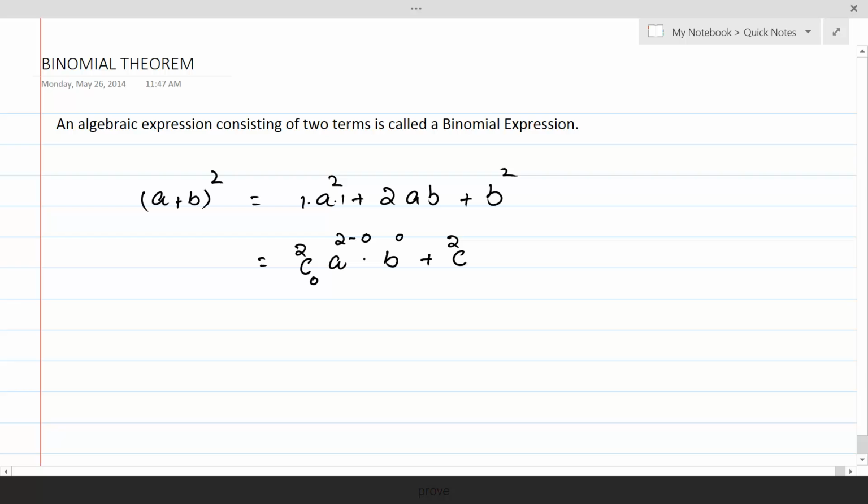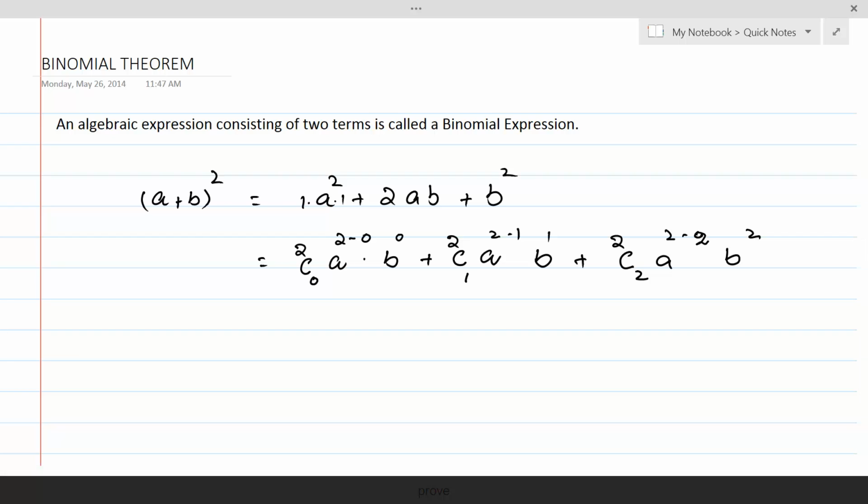Here 2 could be written as 2C1, and then a power 2 minus 1 and b power 1, plus 2C2 a power 2 minus 2, which is of course 0, b power 2. It's just a different way of writing a square plus 2ab plus b square.